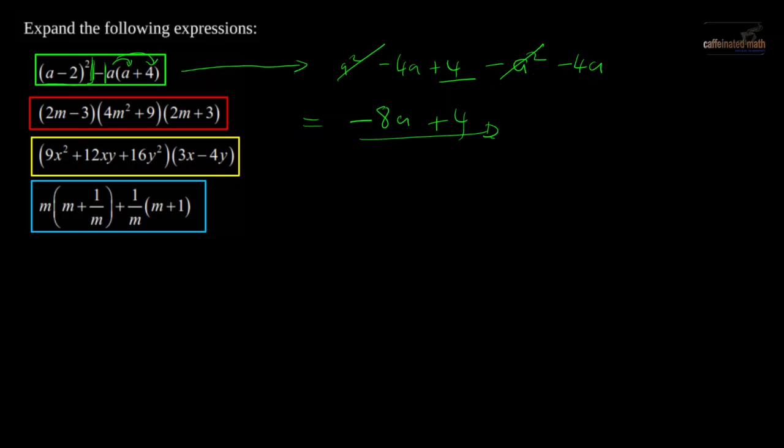Well, for the red rectangle, let's just rewrite this over here. We'll have 2m minus 3. However, we're going to do a slight change and just change the order of the factors. So that's going to be 2m plus 3, and then we'll have 4m squared plus 9.